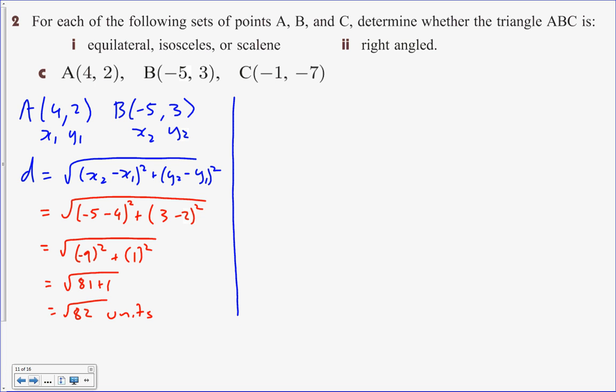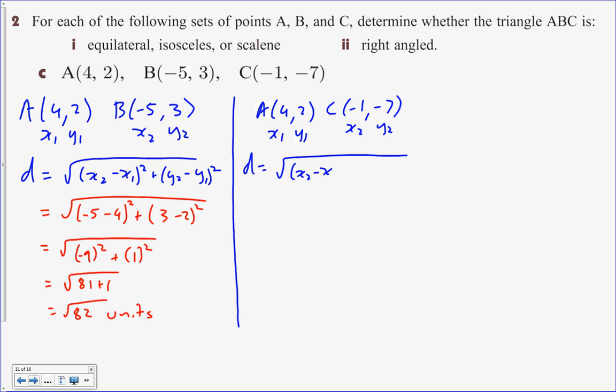Separate our board up a little bit. So then I'm going to do A, which is 4, 2, and C, which is -1, -7. That's x1, y1, x2, y2. Formula D equals square root x2 take x1 squared plus y2 take y1 squared.